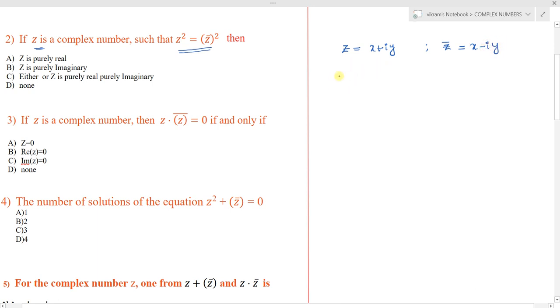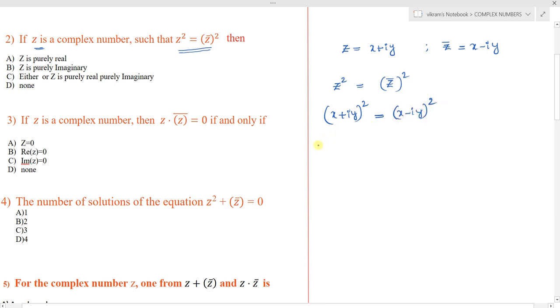He has given that z square equals the conjugate of z square. So what is z square? X plus iy whole square, and the conjugate, x minus iy whole square.